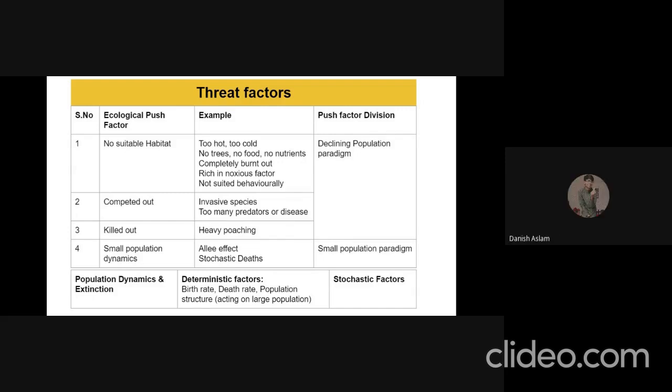Ma'am, am I audible now? Hello? Yes. Right now you are audible. So I only know one species, in Hindi we call it Jalkumbhi.